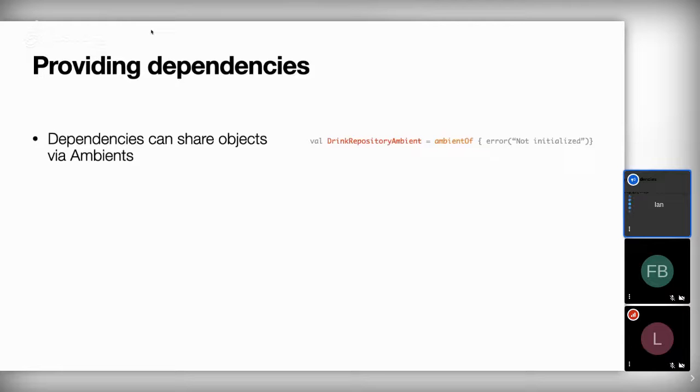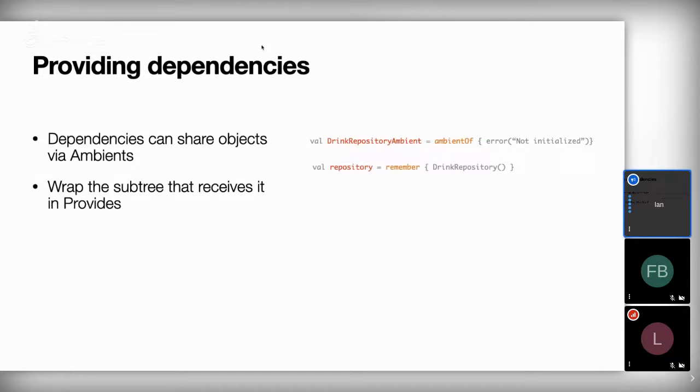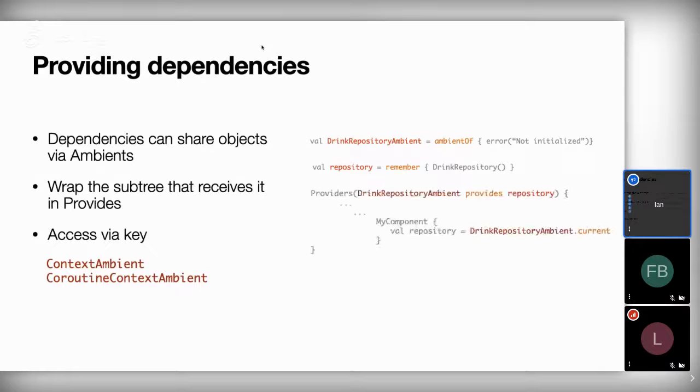So for example, here I create a drink repository ambient, which is an ambient of drink repository. It will return my network class, but it's not initialized by default. That means that every time we want to use it, we have to be inside the provide scope, otherwise we won't get anything. So we wrap the subtree that receives it in provides, and then we access it via key. What do I mean by that?